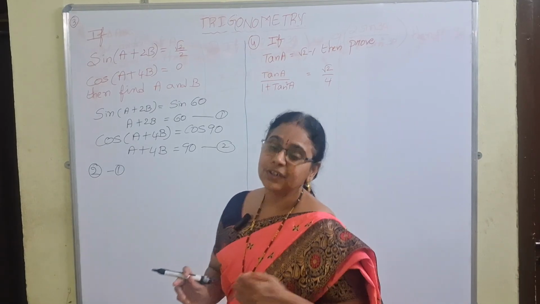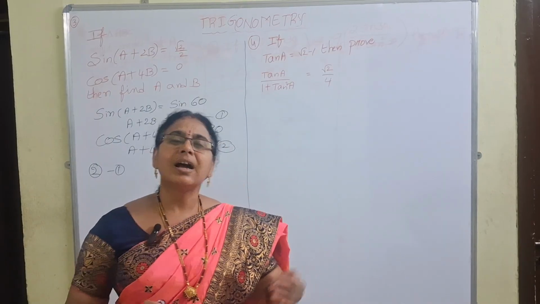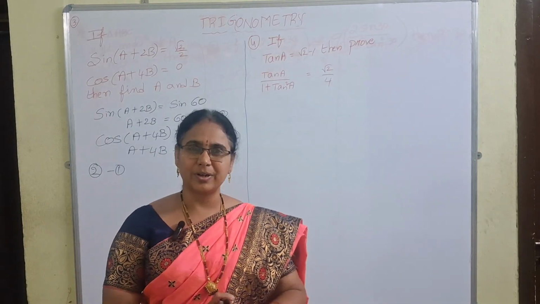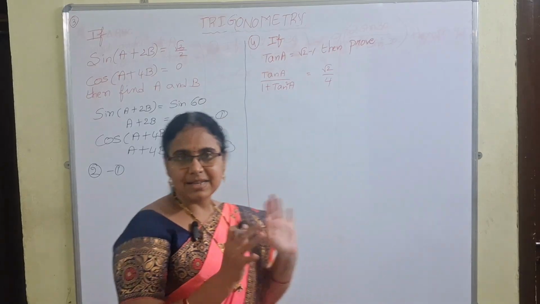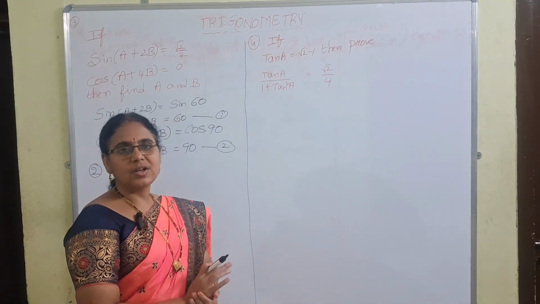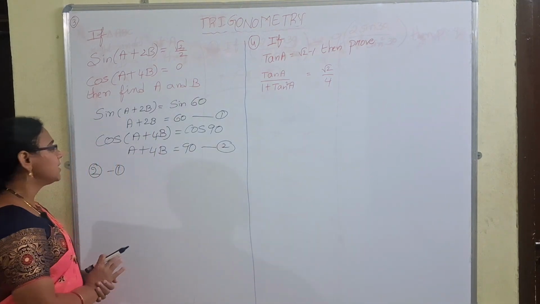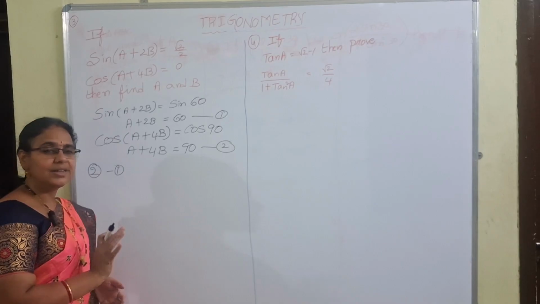So we can imagine cancelling the cos, but don't do it directly, because in intermediate you will learn that when you transpose cos to the opposite side, it becomes cos inverse. That is inverse trigonometry, an extension of trigonometry. Directly we can't cancel sines or cos; we just imagine cancelling them. Then a plus 4b is equal to 90. Here we have to cancel either a or b.